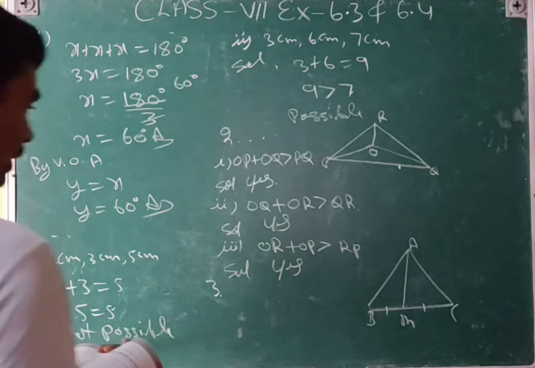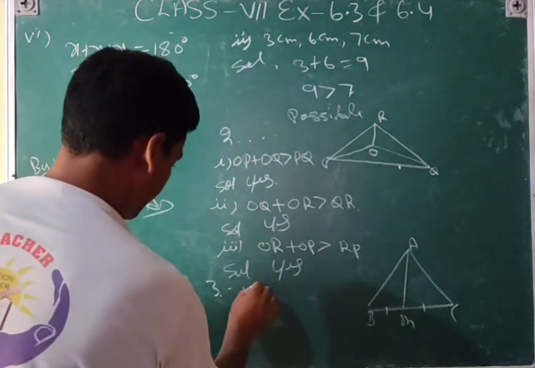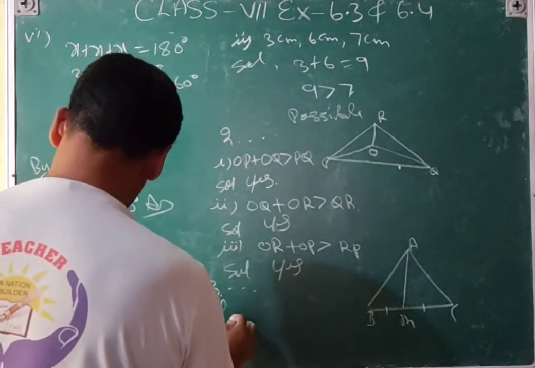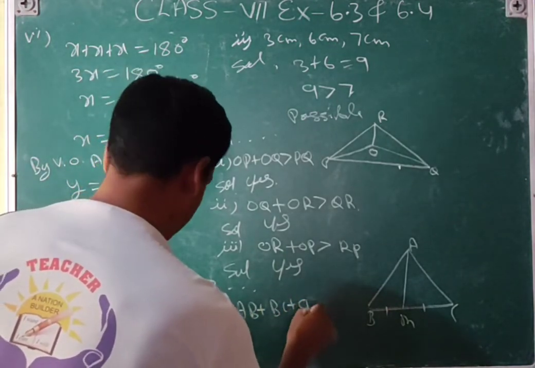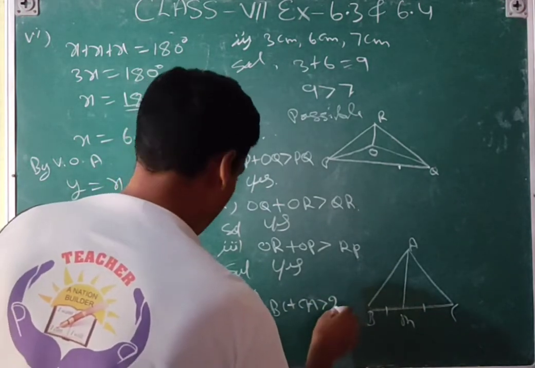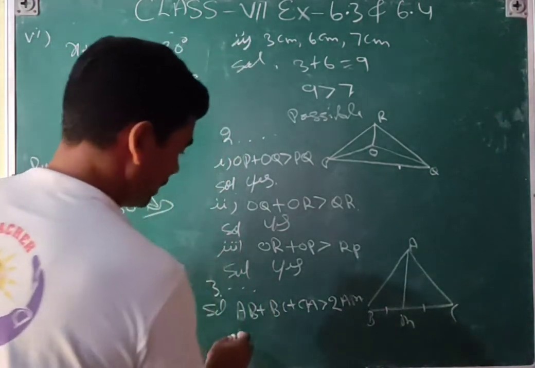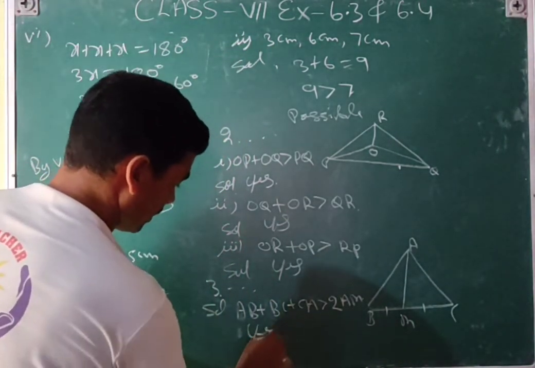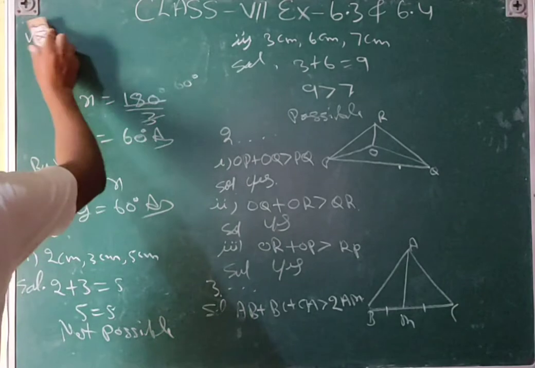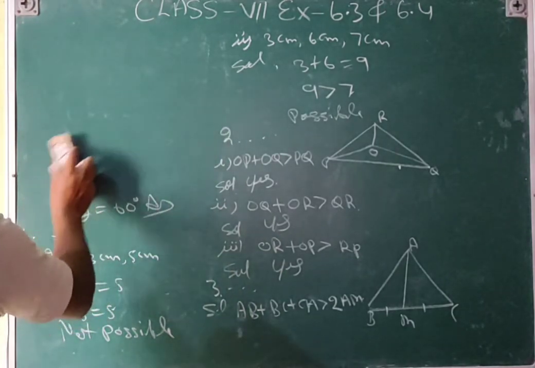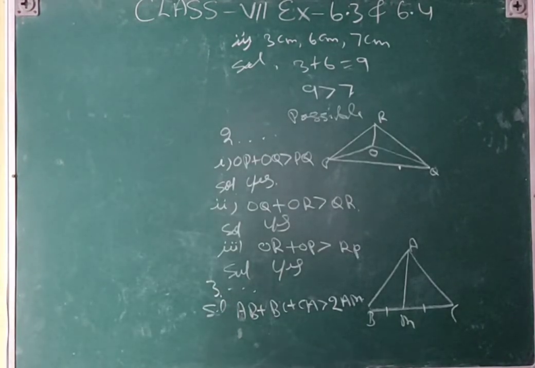So is AB plus BC plus CA greater than 2 AM? Yes, that will be yes. How will it be yes? We will see here.